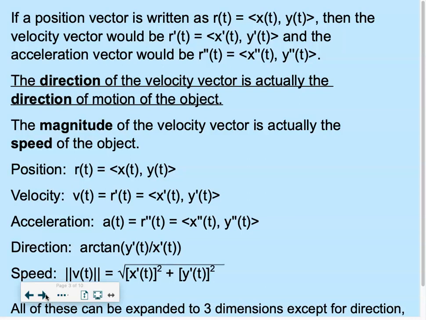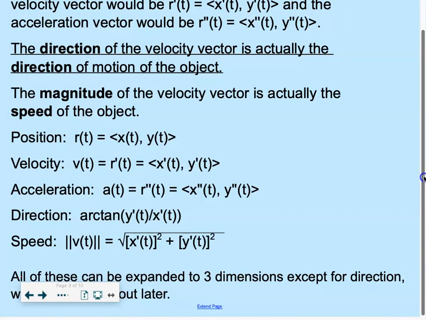A lot of this is a recap from last year, just with vectors. So if your position is x of t, y of t, velocity is x prime, y prime, and acceleration is x double prime, y double prime. Direction is the inverse tan of y prime over x prime. Speed is the magnitude of velocity. And I have a little note here because every single one of these formulas can be extended to 3 dimensions, with the exception of direction, which we're going to talk about later.